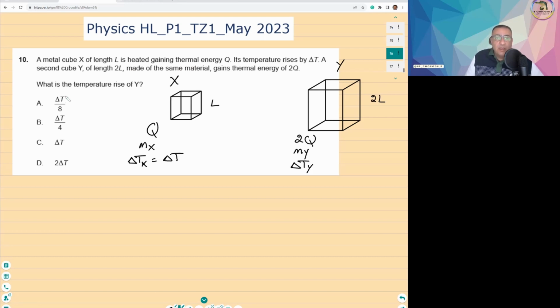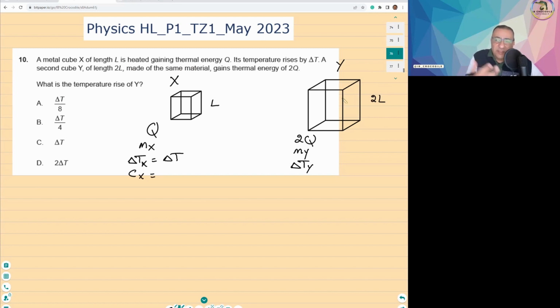Now, there is a key phrase here: of the same material. What does it mean? If the cubes are of the same material, the first thing is that they have equal specific heat capacity, because specific heat capacity, small c, depends on the material.